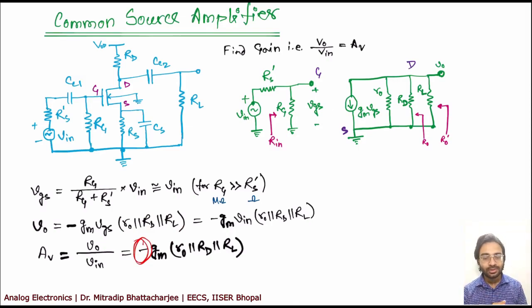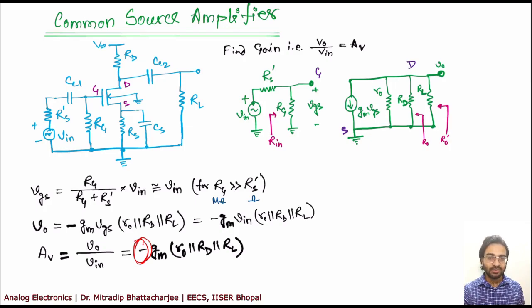So in those cases, your input and output are out of phase. That means there is a phase difference of 180 degrees. It is very important to understand. Whatever phase you have seen in input will be 180 degrees apart in case of output.